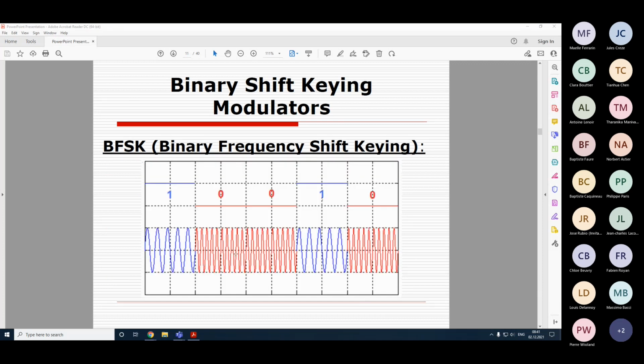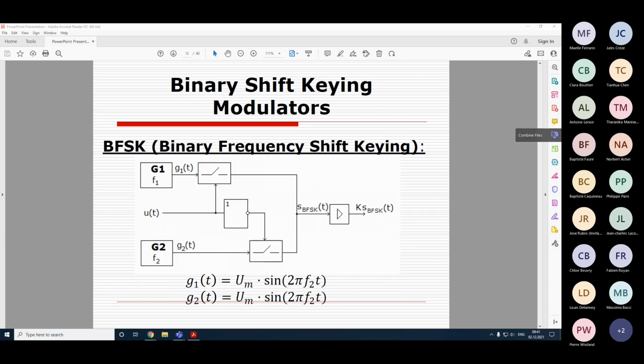So this signal is formed like this. We have some fragments with one frequency and some fragments with another frequency, depending on what data we are sending, 1 or 0. If we make this as a superposition of two amplitude shift keying, then it will work like this. Here we have the data signal, here we have carrier 1, and here we have carrier 2 with a different frequency.